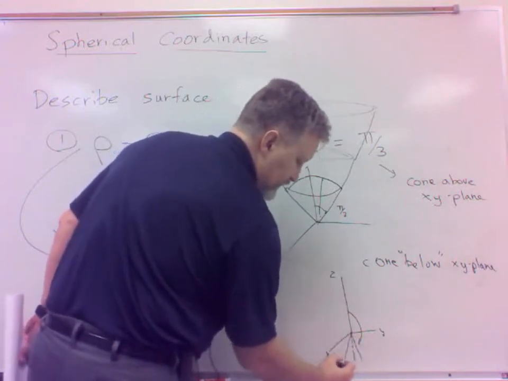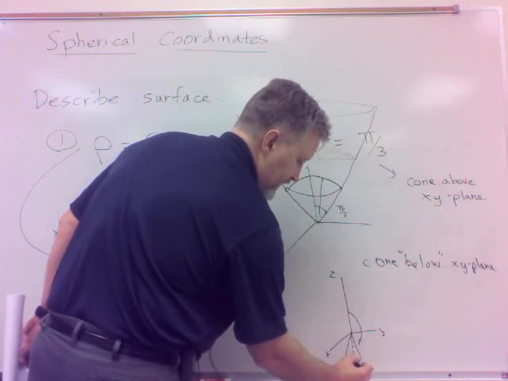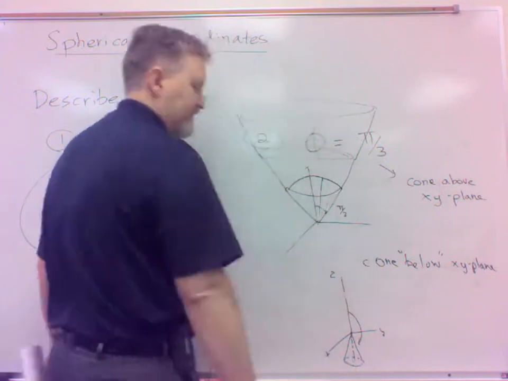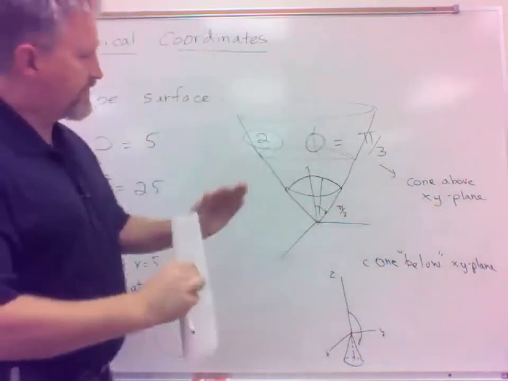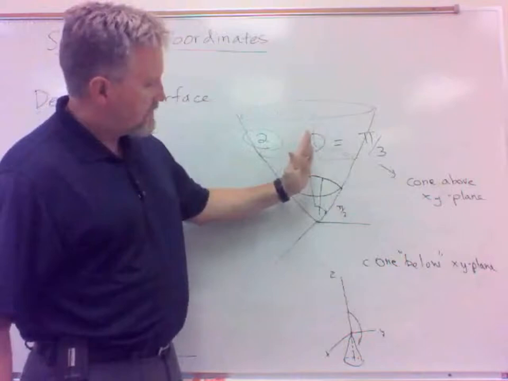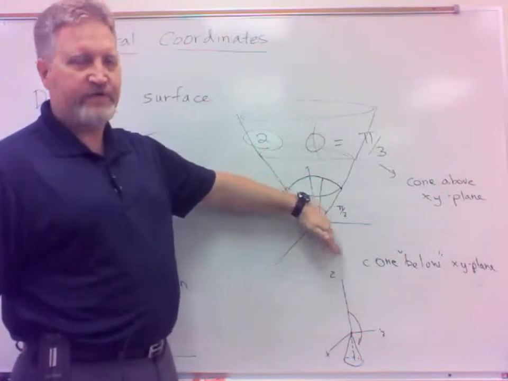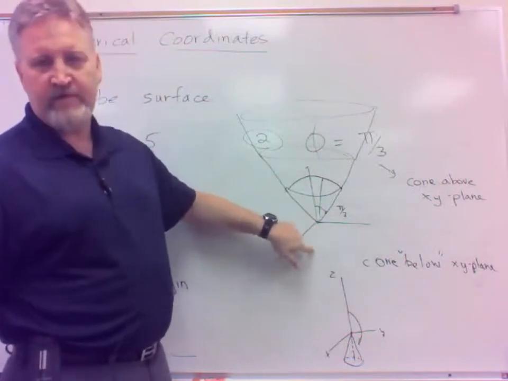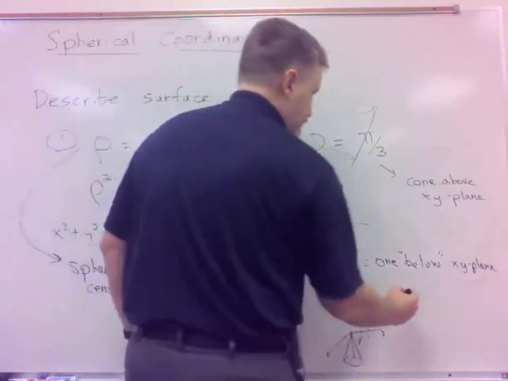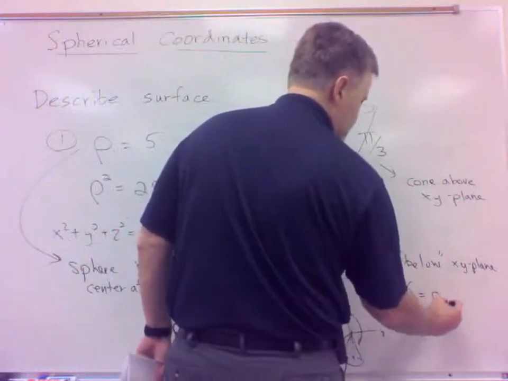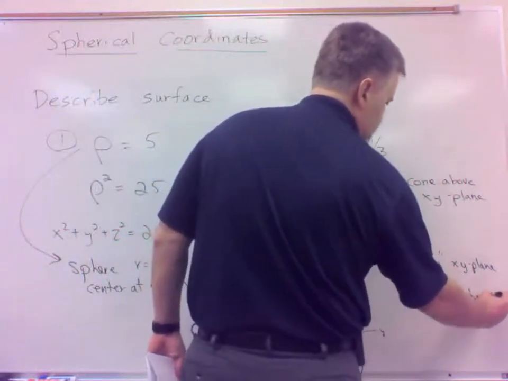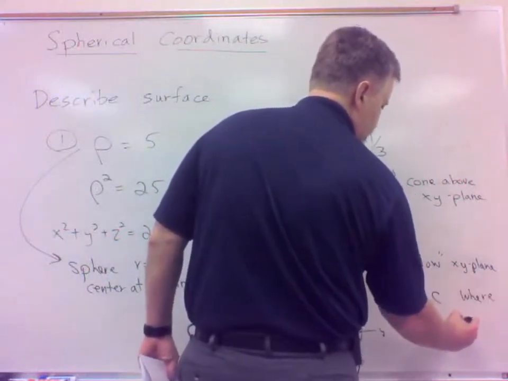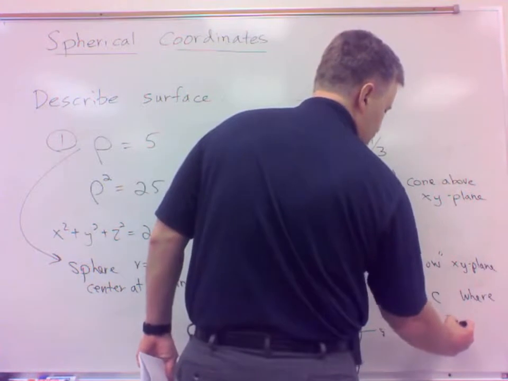How would we get one like that? Well, to go past the xy plane would be at pi over 2, and so we're going to have to go beyond pi over 2. So phi equals c, where c is somewhere between pi over 2 and pi.